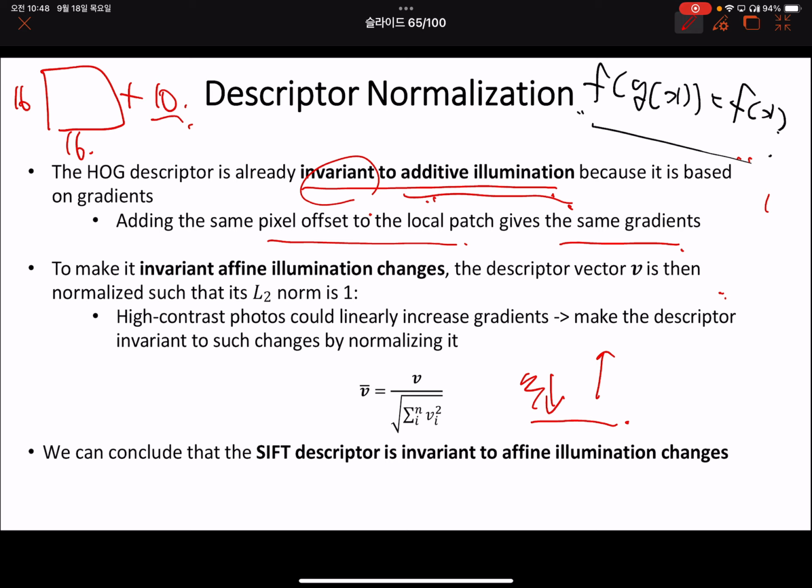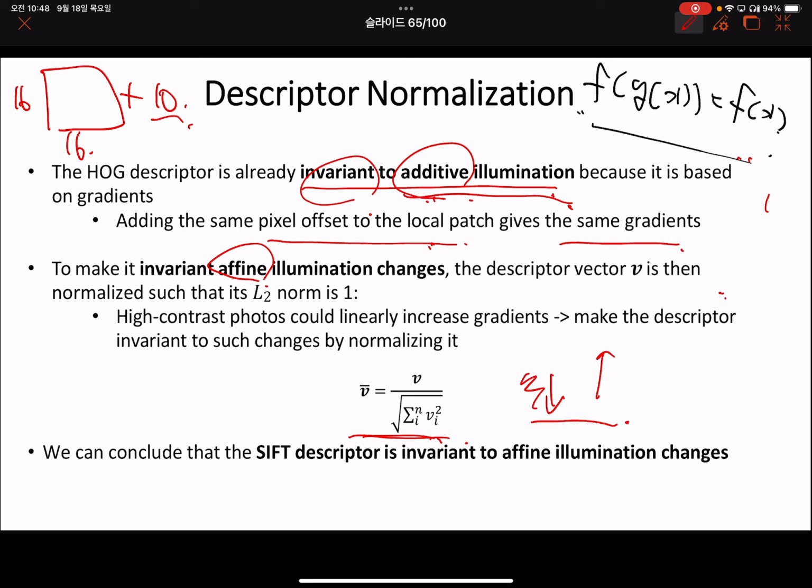So we make the descriptor invariant to such changes by normalizing it, so that the L2 norm of this descriptor becomes 1, so that we can make our SIFT descriptor invariant to not only additive illumination, but also affine illumination changes. I mean, additive and affine are different. And we can conclude that the SIFT descriptor is invariant to affine illumination changes because the HOG descriptor is already invariant to additive illumination, and also we make it invariant to illumination changes.